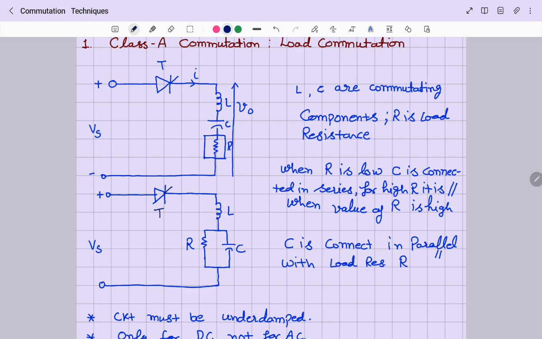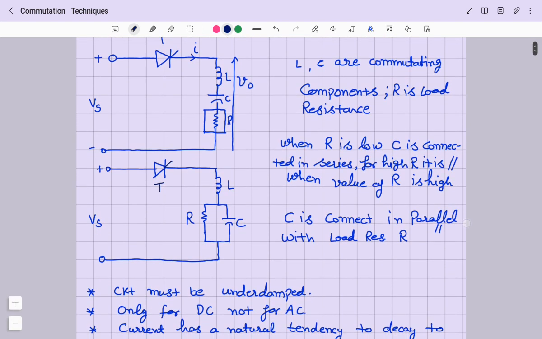Right, when load resistance R is low, then we connect capacitor C in series with it, and when R is high, then capacitor C has to be connected in parallel with load resistance R. The main requirement for successful commutation of the thyristor is that the circuit must be underdamped, right?